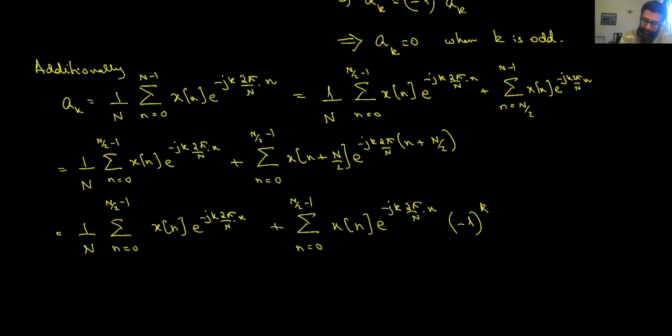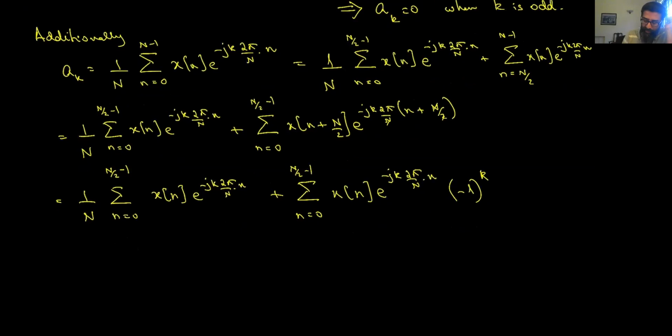And once again, that's because ये capital N इससे cancel हो जाएगा, and thus it is e raised to power j pi k, which is just minus 1 raised to power k. And what this gives you is something interesting therefore.